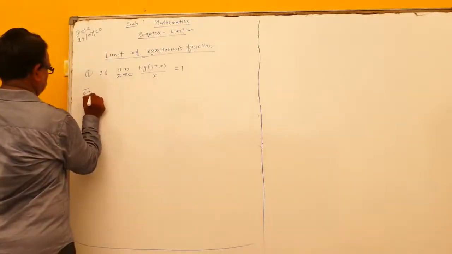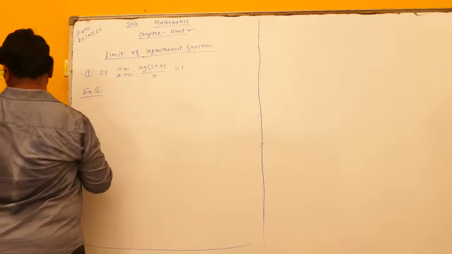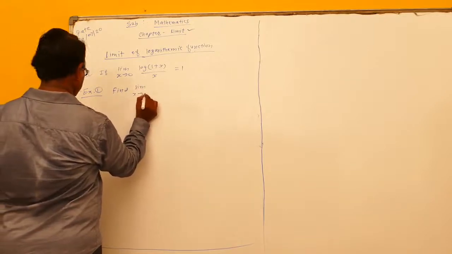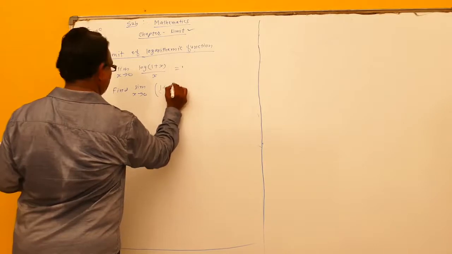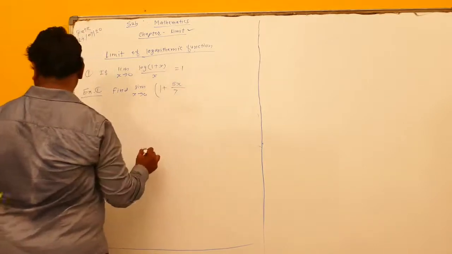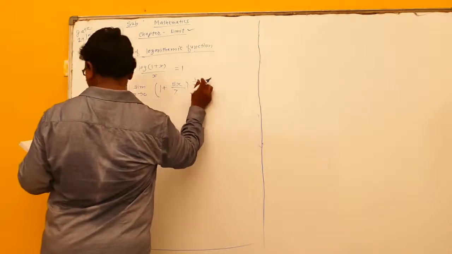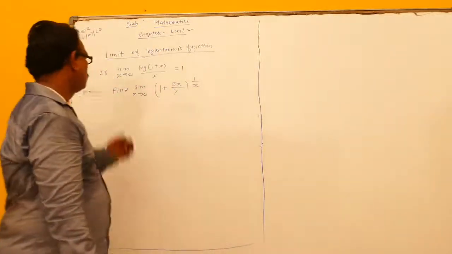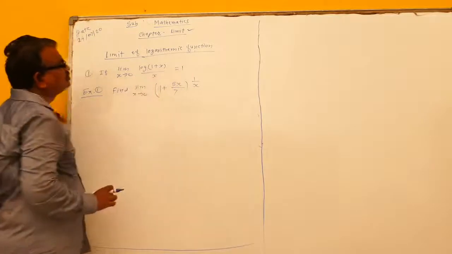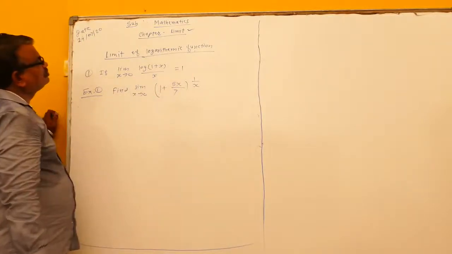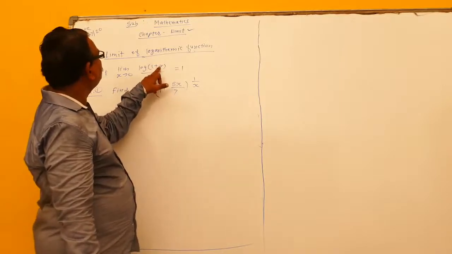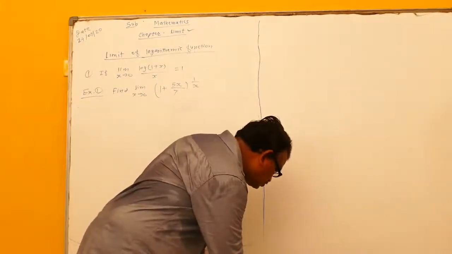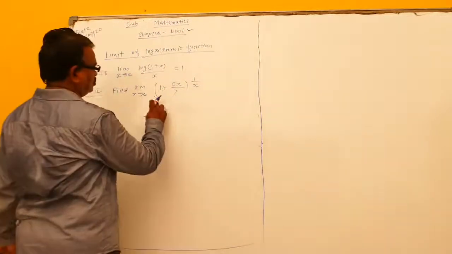Example 1. Find the limit of x tends to 0, 1 plus 5x divided by 7, to the power 1 by x.